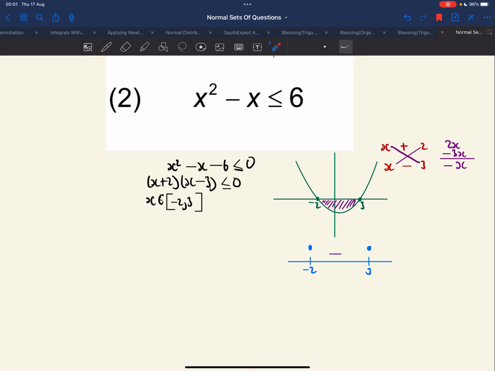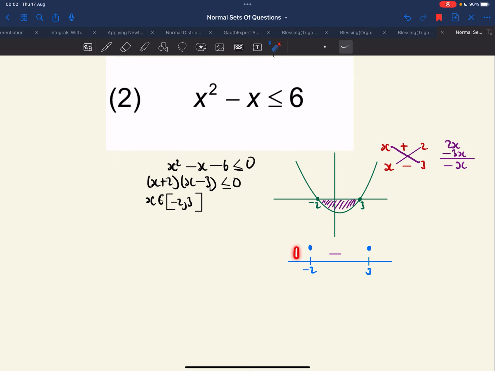When you use a number line, it's not the same as the graph, because for the graph we're just looking for the parts where the function is negative or positive, but here we're looking for the signs that are going to tell us the answer. So here we can try subbing in any value less than -2. So we can try subbing in -3. We can say -3 squared minus (-3) minus 6.